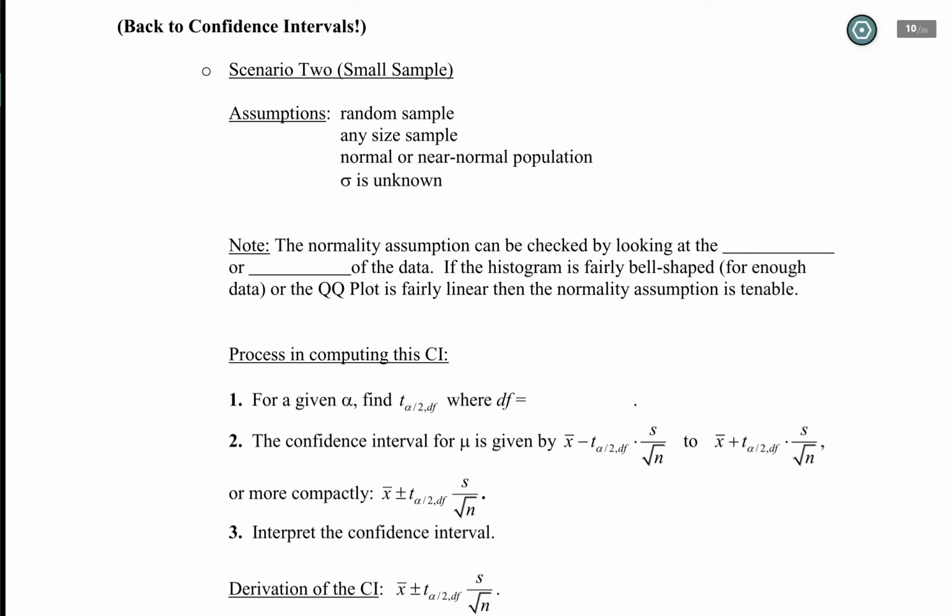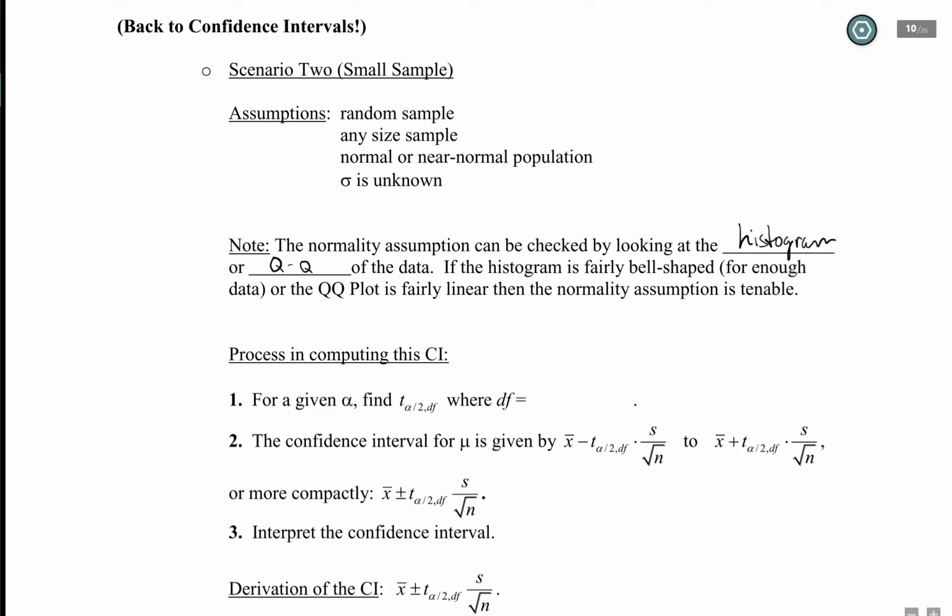The normality assumption in this case can be checked by looking at the histogram of the data. And if the histogram is close to bell-shaped, then the assumption of normality is defendable. You can look at the histogram, or really I prefer to look at the QQ plot.